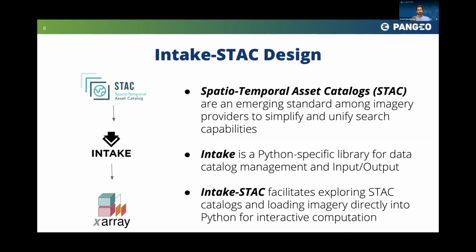So the design behind this Intake STAC library was to create a lightweight Python package that allows researchers to easily load remote data into their computing session. And this is Python focused because Intake is a Python package. STAC is just simply a JSON metadata format, so it doesn't matter what computing language you're using there, but this library is specific to Python.